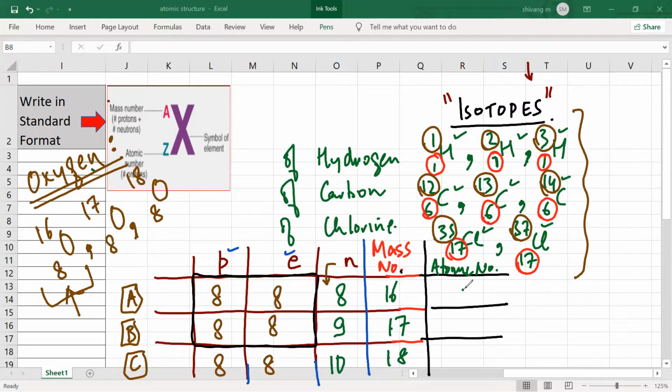And the atomic number is 8, again 8. Are we clear?